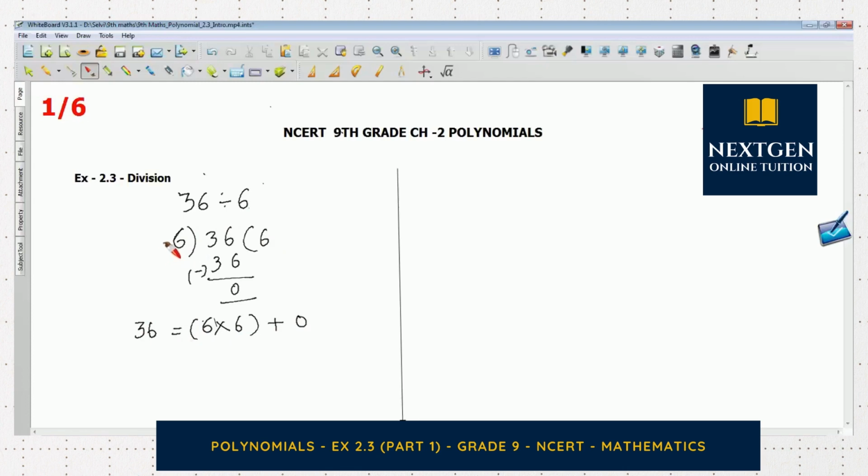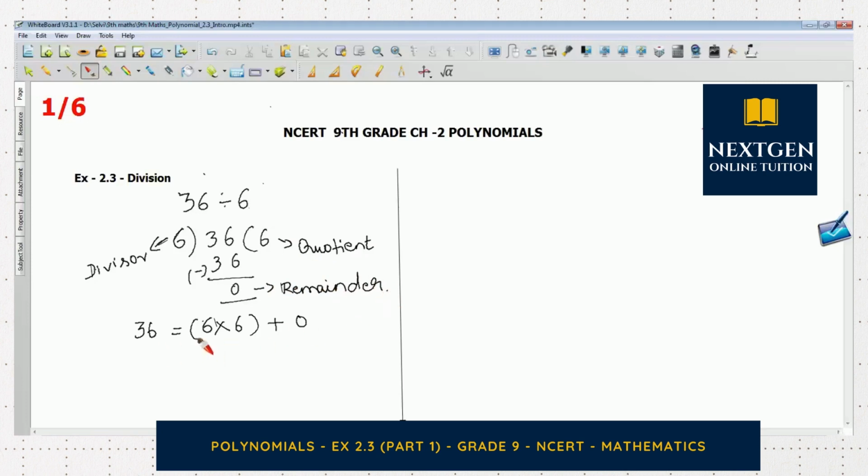We call this number our divisor, and this is our quotient, and the number which we get at the last is our remainder.